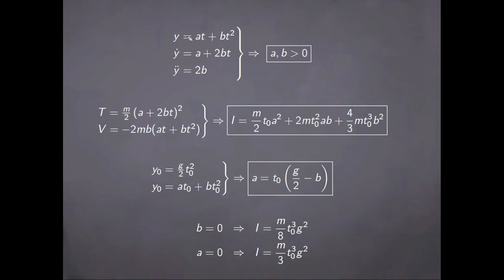Then in that case, we can, from these expressions, write the kinetic and potential energy immediately in terms of the body's mass, of the two constants a and b, and of the parameter d. And then we can immediately write the Lagrangian and calculate the action integral as the expression here.